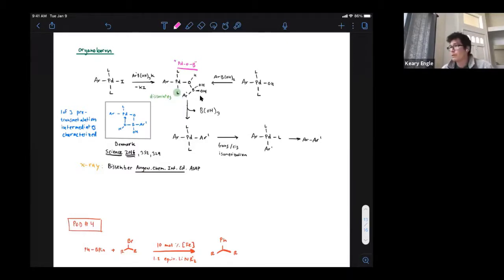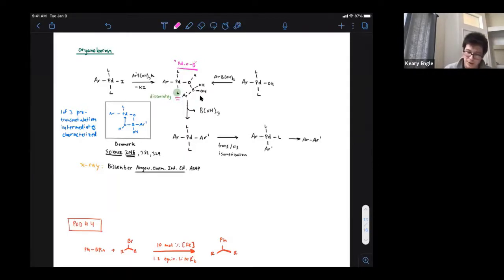So these Pd-O-B intermediates could be characterized. I think he has in this paper three different flavors, with different levels of bridging. One of those I've highlighted the structure of here in this gray box. What needs to happen from this intermediate is you lose one of the L-type ligands, the one highlighted in green.